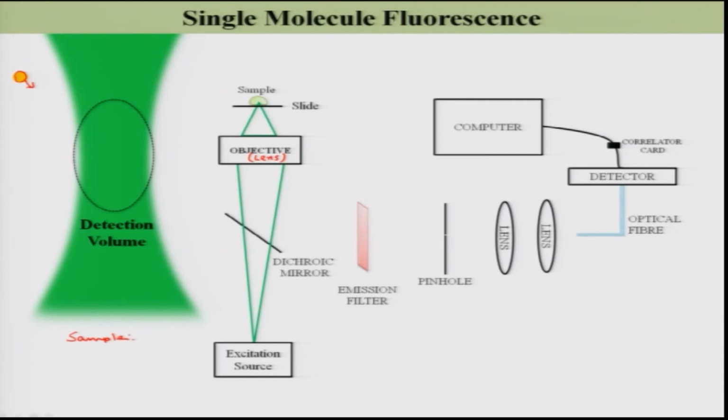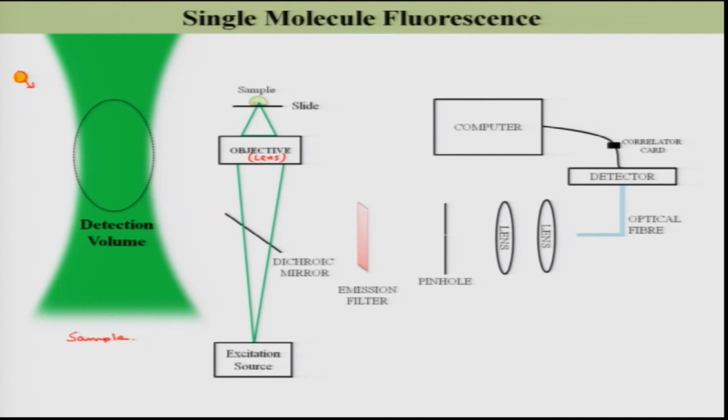In the sample position, the excitation light will look something like this. The sample is large, but this excitation light is present only in a smaller region within the sample.